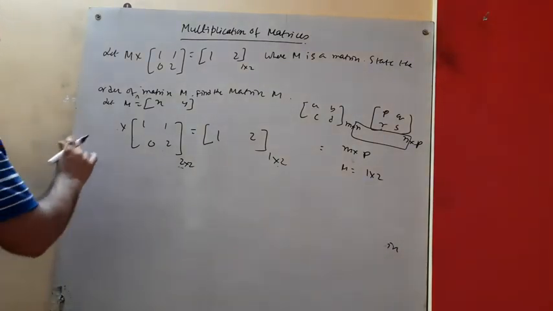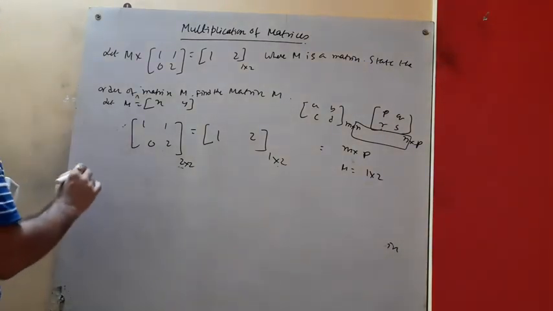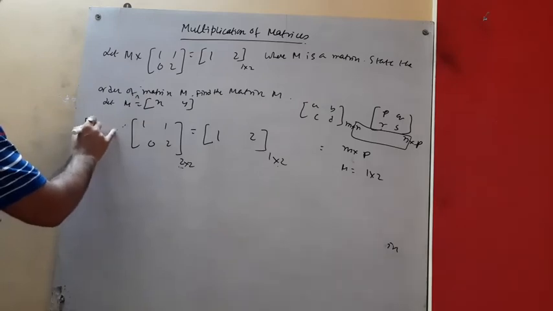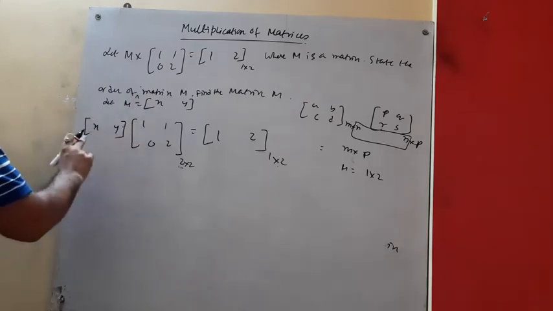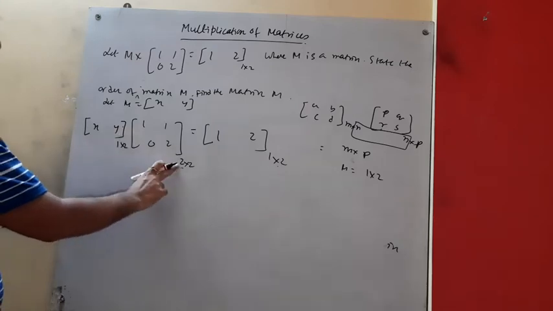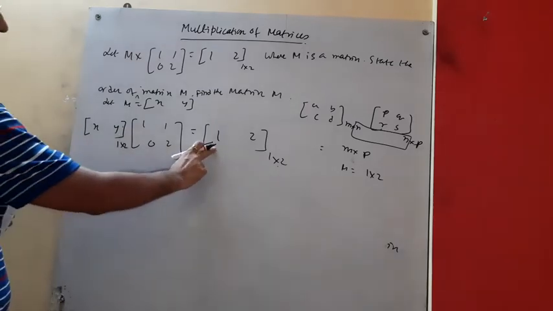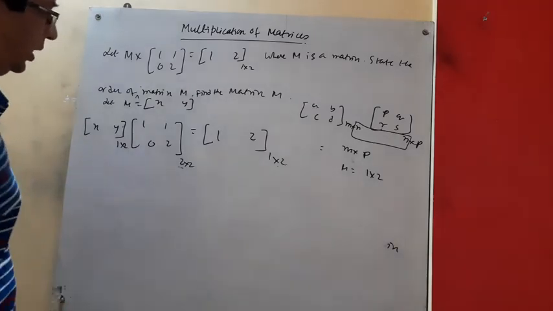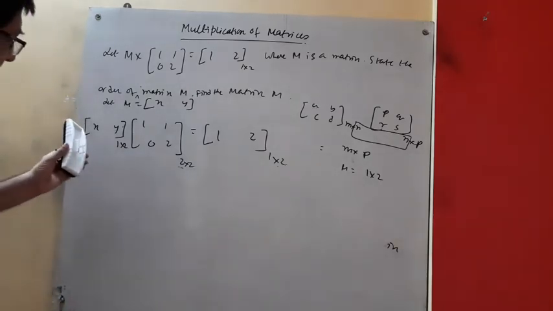Right? So now we can write [x, y]. This is 1 row, 2 columns. This is 2 rows, 2 columns, equal to 1 into 2. Right? Now we have to find the matrix [x, y].